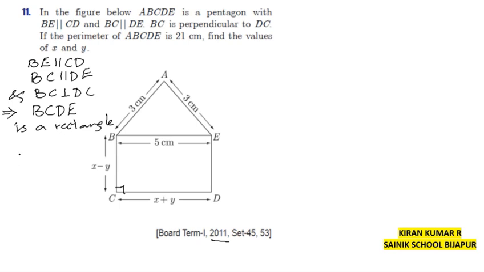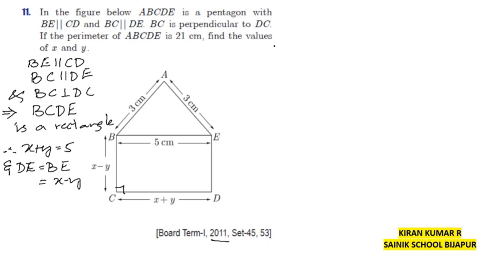We all know that in a rectangle opposite sides are equal. Therefore, we get x plus y equal to 5 and DE will be equal to BE, which is equal to x minus y.